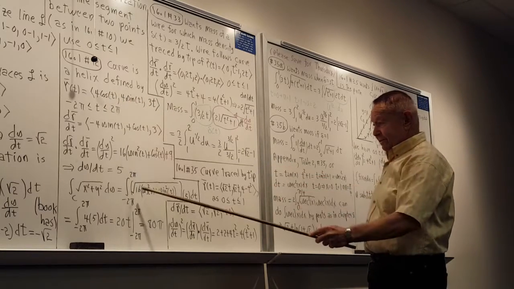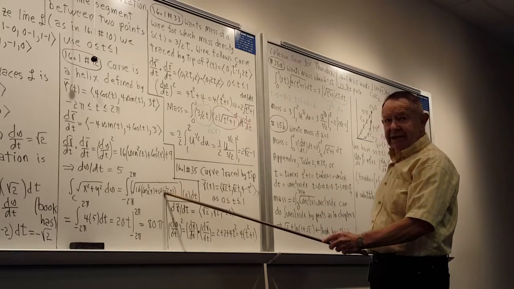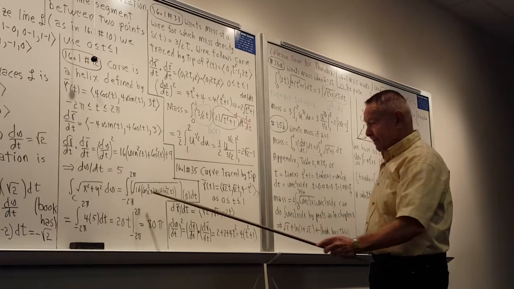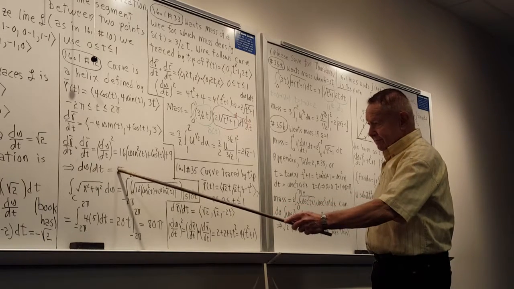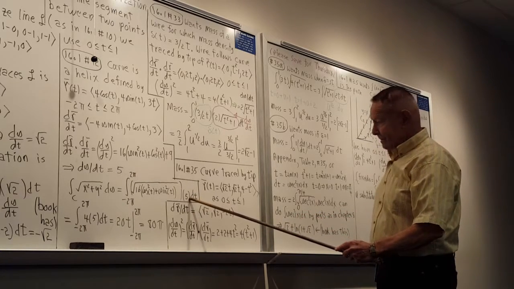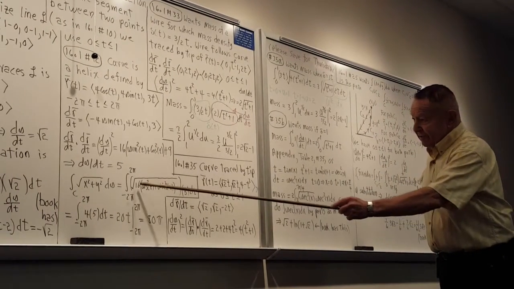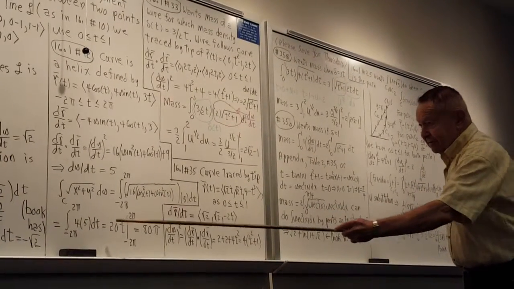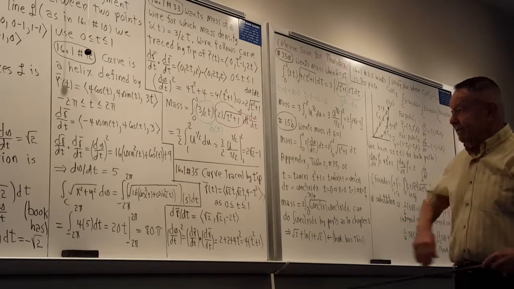So x squared is 16 cosine square, y squared is 16 sine square. They don't use z in the problem. And the ds is ds dt, which is 5 dt. So this is the ds part. Okay, so you're going to take this 5 and the 4 from the square root of 16 and integrate that from minus 2 pi to 2 pi, and you get 80 pi.